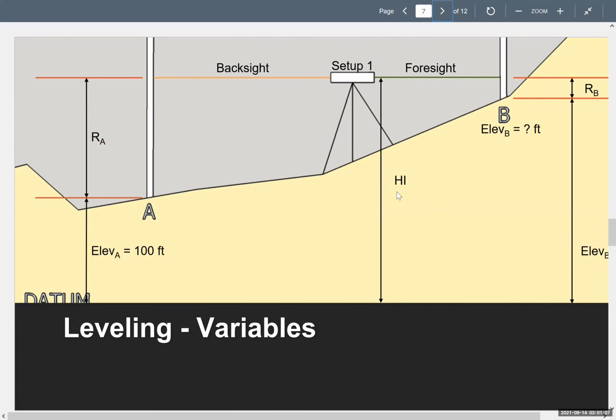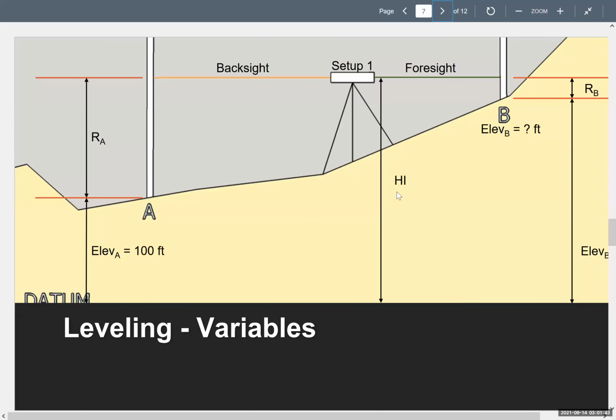But what is actually HI in this situation? Yes, together, but let's talk about it in terms of the instrument itself. Take a look at the picture though. The HI goes all the way down, normally, from the datum all the way up to the eyepiece. So it's as if it's the elevation of the eyepiece.